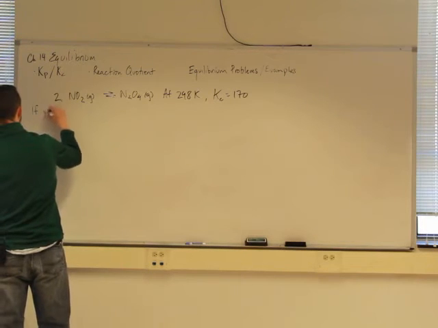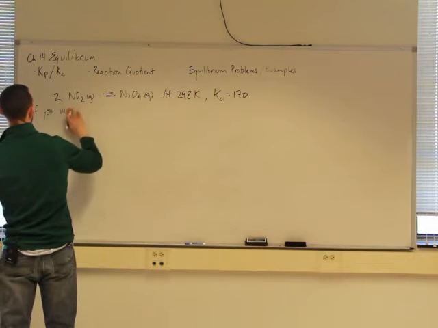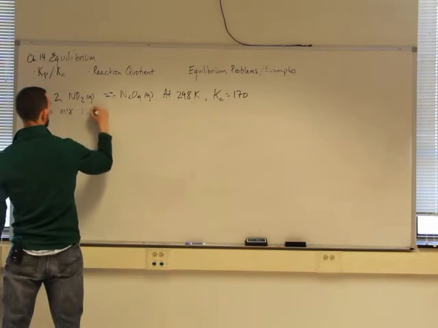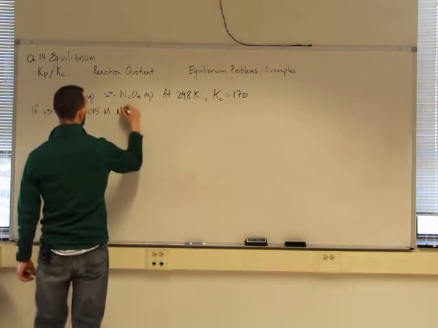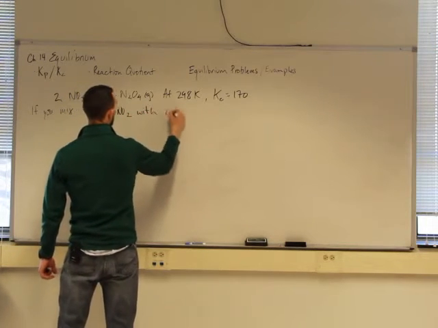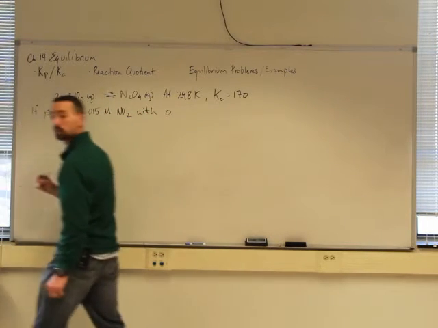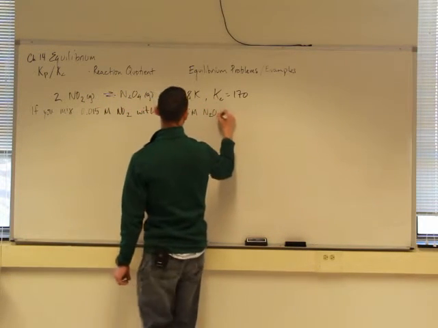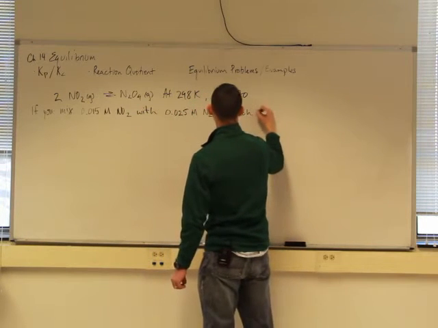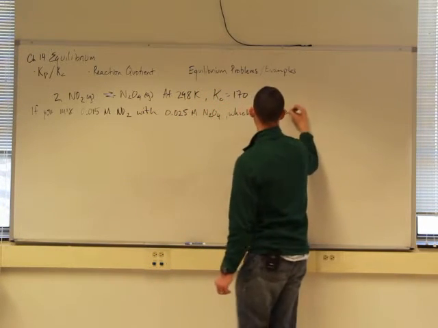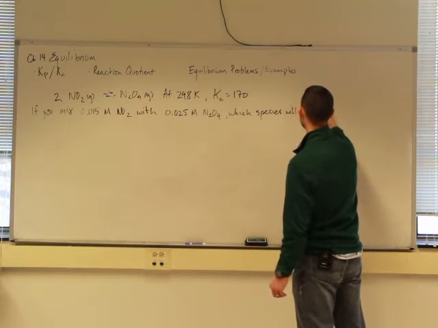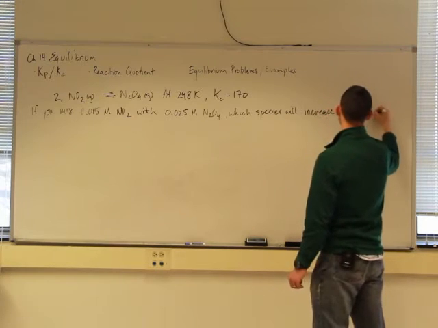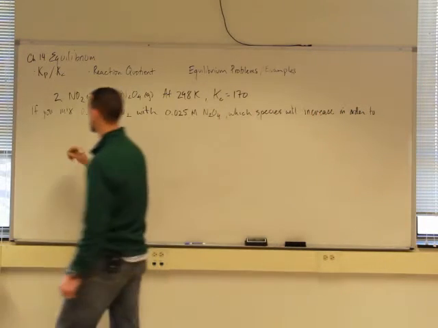So, if you mix 0.015 molar NO2 with 0.025 molar N2O4, which species will, let's say, increase in order to achieve equilibrium?